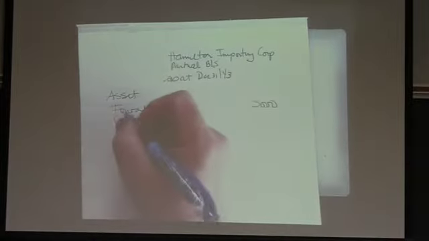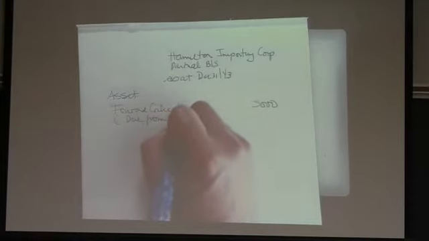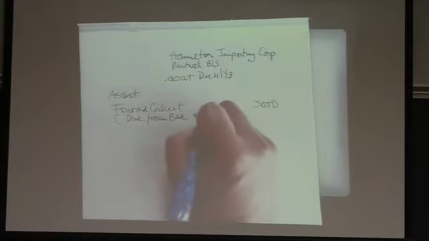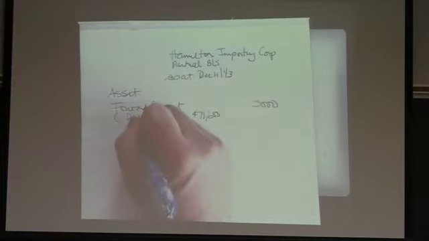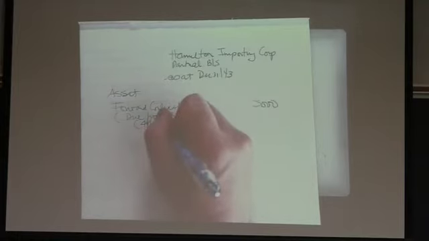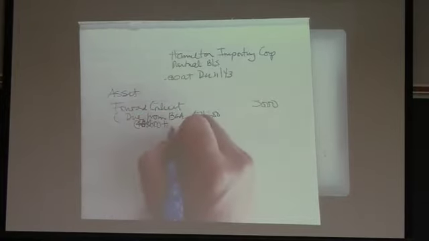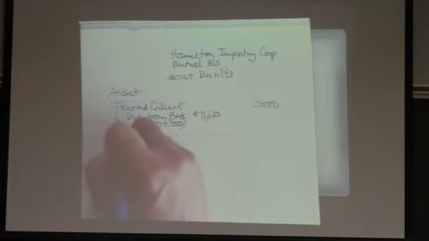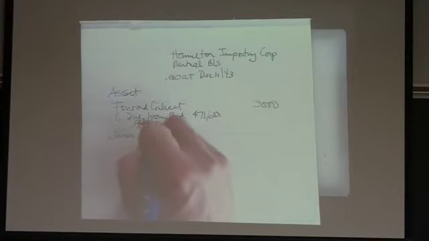Now, how did I get that number? It's due from bank 471,600, which is 468,600 plus the 3,000, right? Less forward contract.